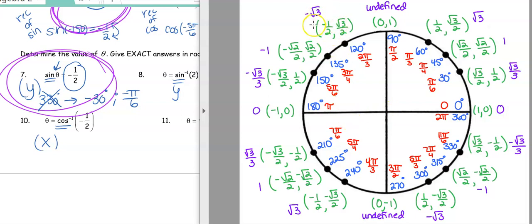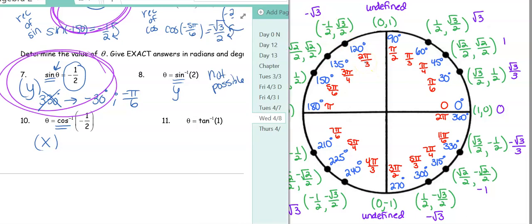I see a left 1/2 right up here at 120, and I see a left 1/2 down here at 240. It always happens in 2 spots. Only one of them is correct. For cosine, we choose from quadrant 1 or quadrant 2. So in this case, this is the correct location, which is at 120 degrees, which is 2 pi over 3.